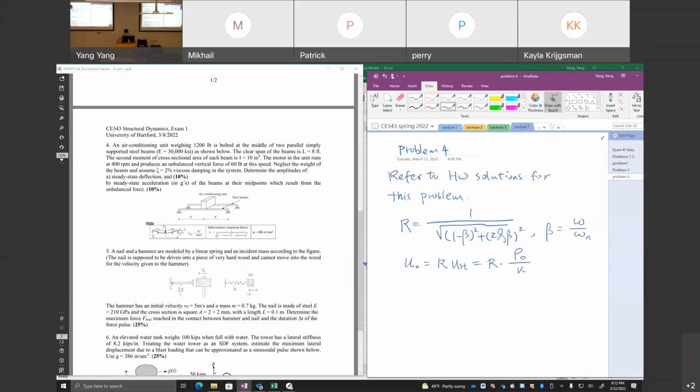While the amplitude of the acceleration should be equal to omega squared times the displacement amplitude, just as long as you have this omega, that's the frequency of the force.